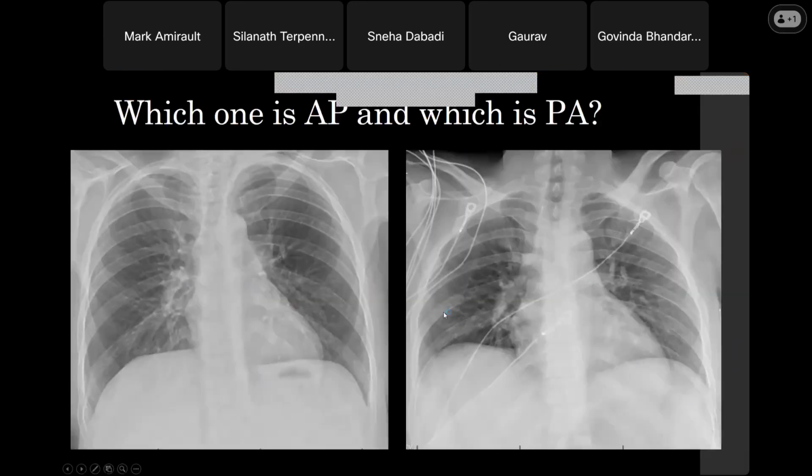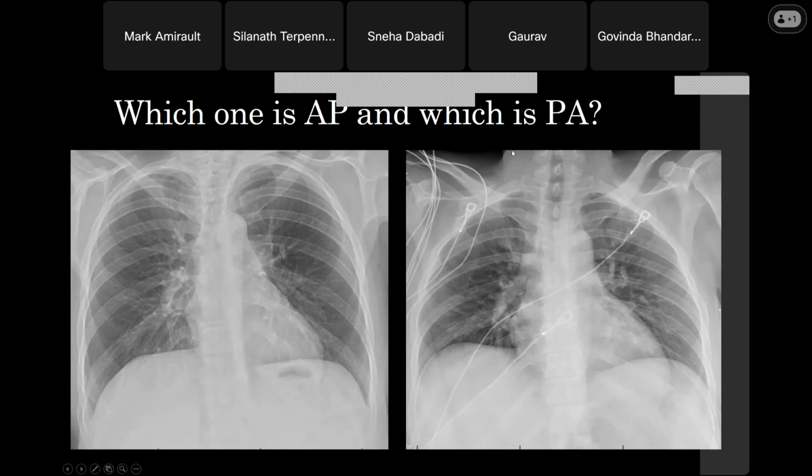And so move on to a little bit of technique here. If you're familiar with how chest x-rays are obtained, either the patient is sitting, or typically if it's a sicker patient, they're in bed, we'll get these AP views. So the x-ray beams are coming in from the front.